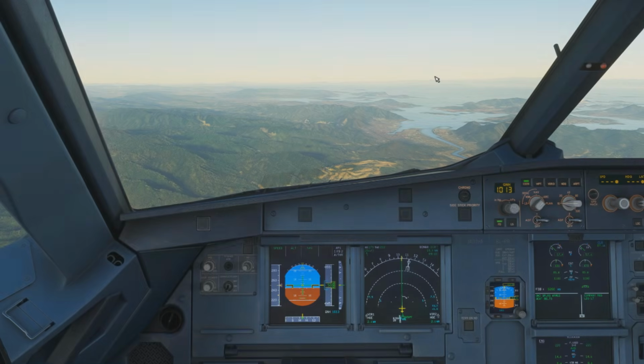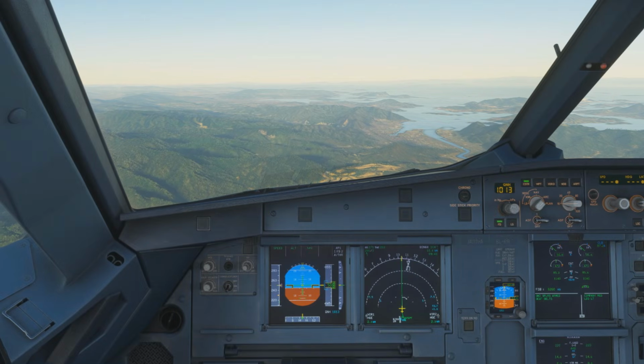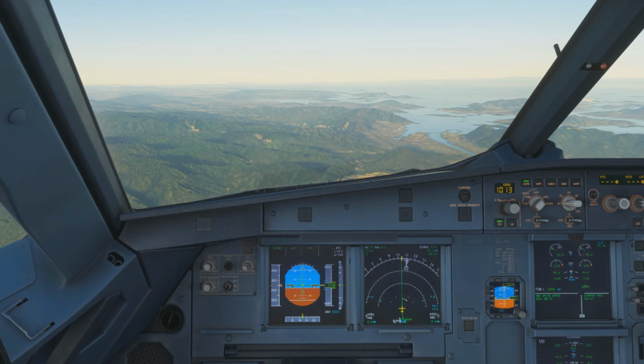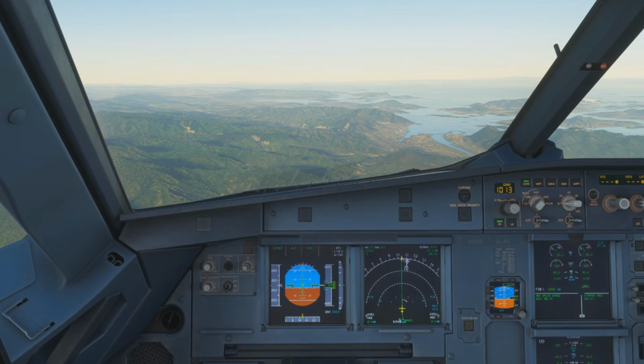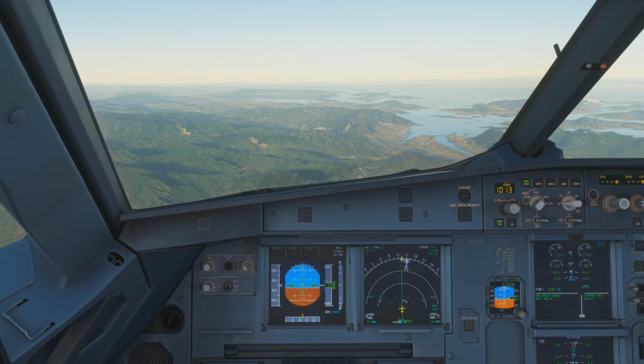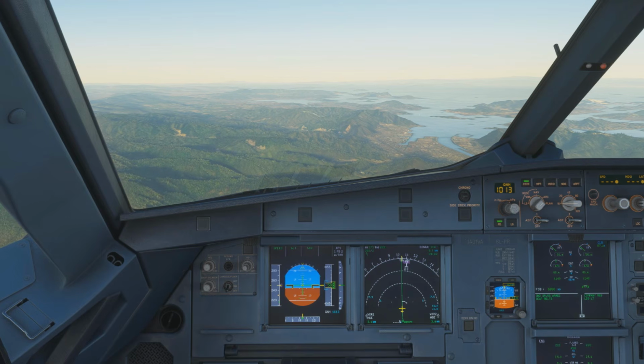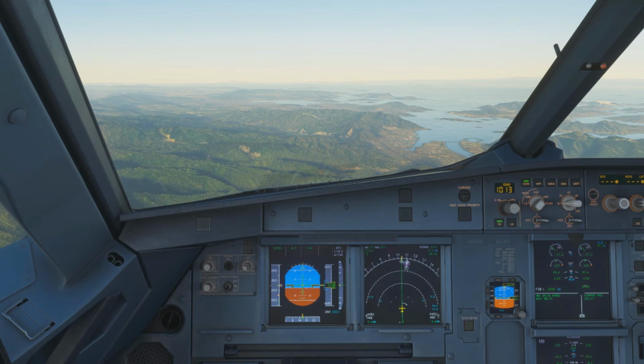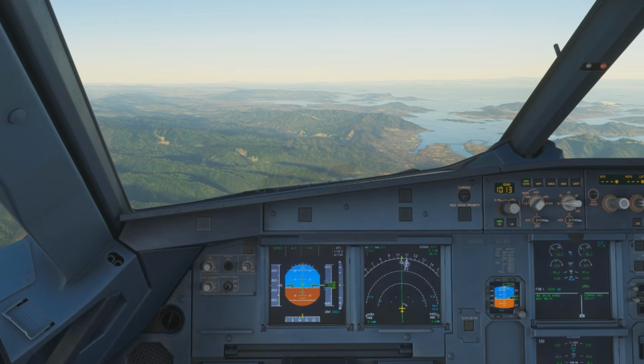Okay, so as we are flying over beautiful Japan, let me give you a quick overview of how I approach this subject. So first of all, there are different warnings that the GPWS system can give you, and there are responses that you as the pilot have to perform.